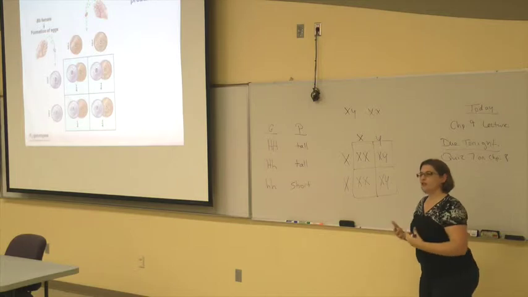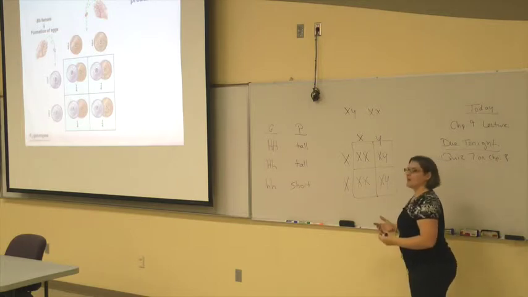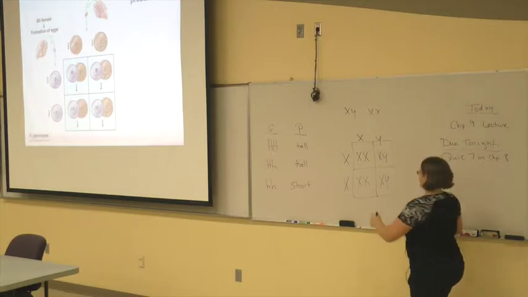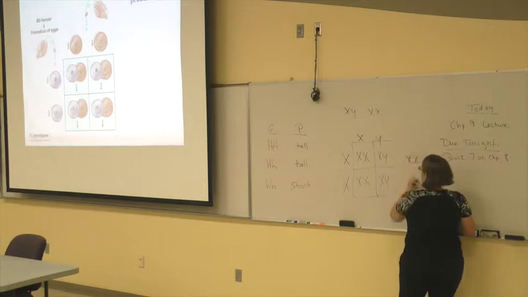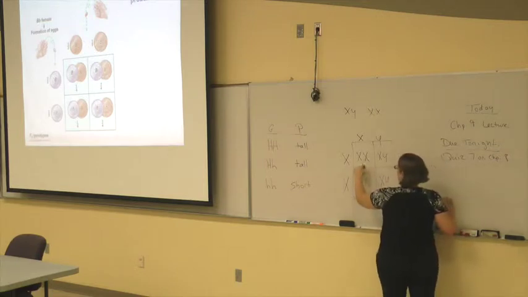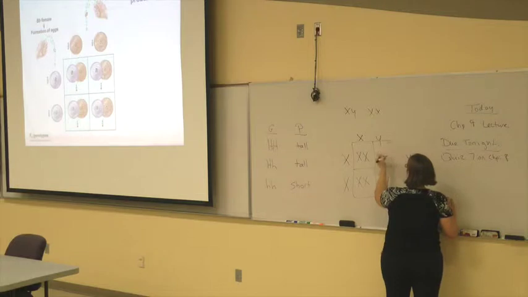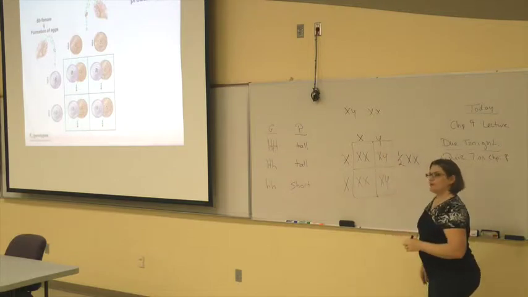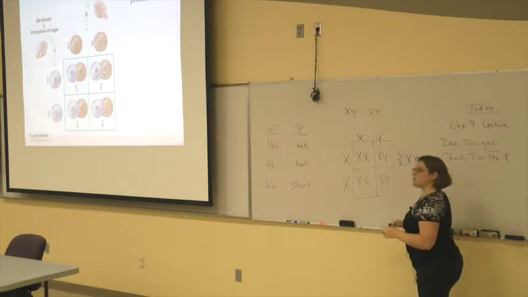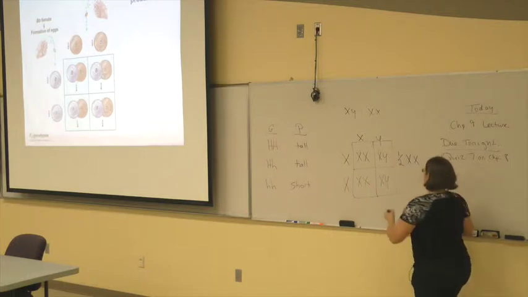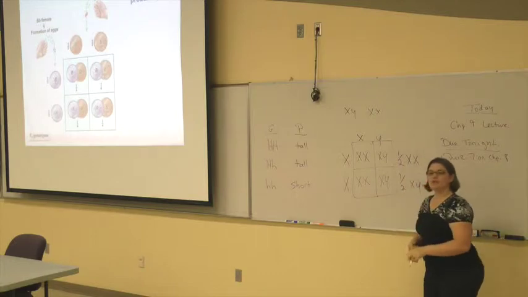So what do we get? What's our rule of addition? Okay, what's the probability of having a girl baby? Okay, 1/4 plus 1/4 equals 1/2, right? 50%. And then XY plus XY, 50%. That's why the sex ratio is 50-50.